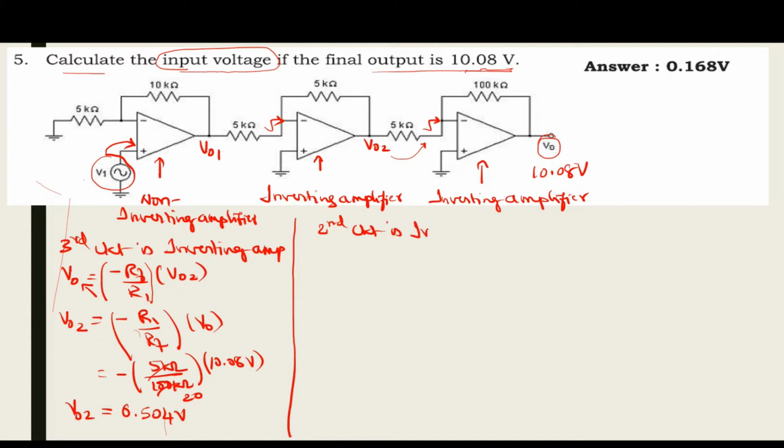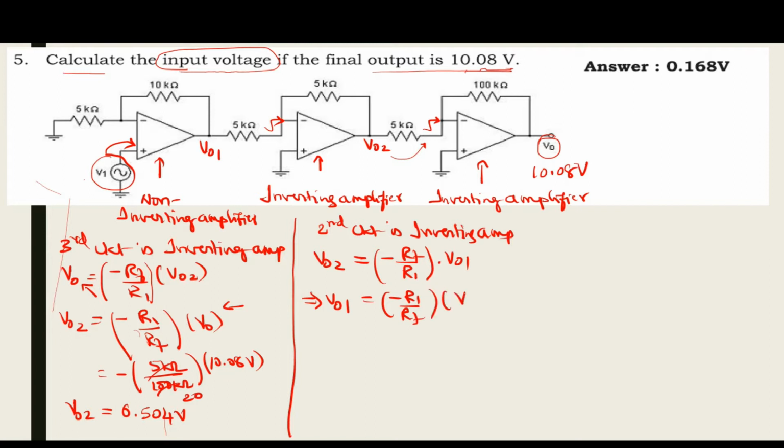Now after this, we will go to the second circuit. The second circuit is also an inverting amplifier. So VO2 is its output. VO2 is equal to minus of RF by R1 into VO1. I need VO1. Similar to what we did here, VO1 is equal to minus R1 by RF into VO2. VO2 we have found out, so substitute it.